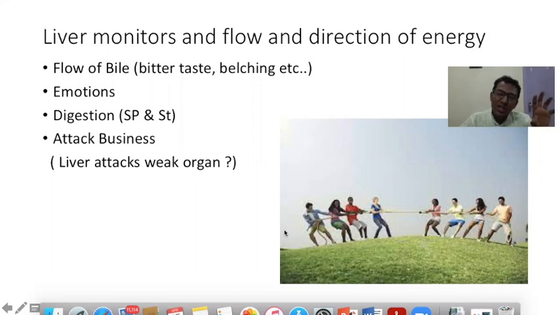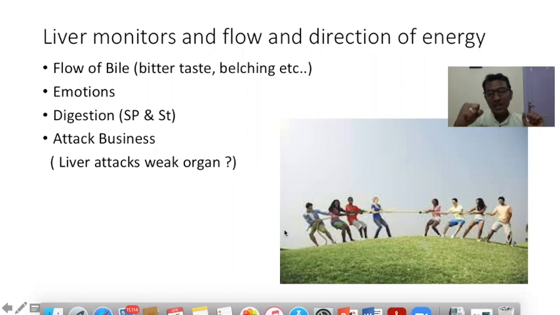That is what we have heard in TCM. Okay. Now this liver is hyper, let us say, and any one of the other organs, spleen or stomach, is deficient. Okay, like the spleen is deficient, what happens? The energy balance will become imbalanced. The liver will have more energy over the spleen, and spleen will not be able to compensate for that energy tug of war which is happening between these two organs, the liver and spleen.